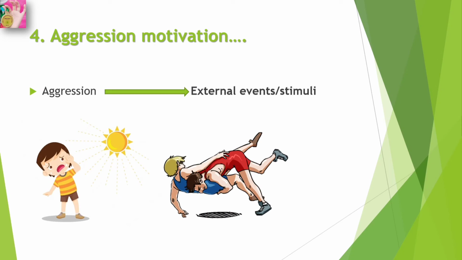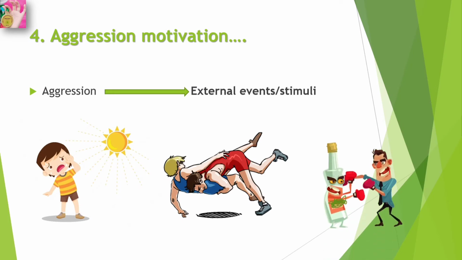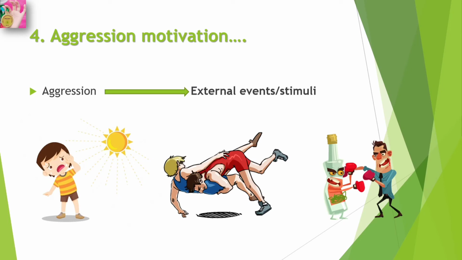For example, watching WWF or WWE programs on television, which should be avoided, and intake of alcohol. So these are the external events or stimuli which take part in aggression motivation.